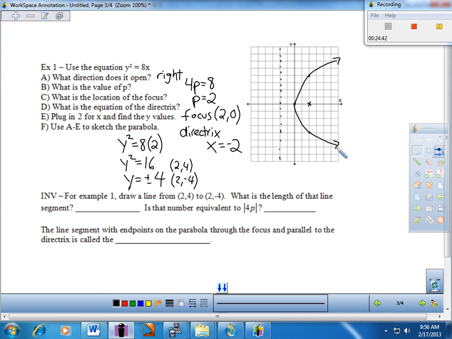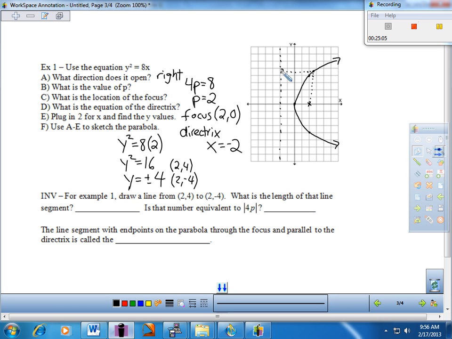Humor me just one second here, if you would, with a little of the geometry. Pick any point on your parabola, your call, wherever you'd like. I'm just going to pick a point right here, and please draw right to the focus. You would measure that particular distance from our point to the focus. You would also go right to the directrix like that, coming in perpendicular.